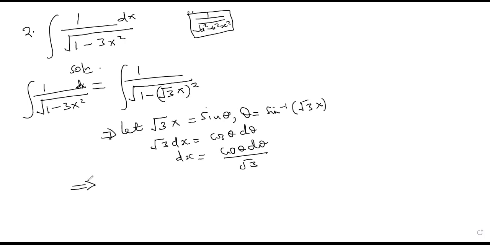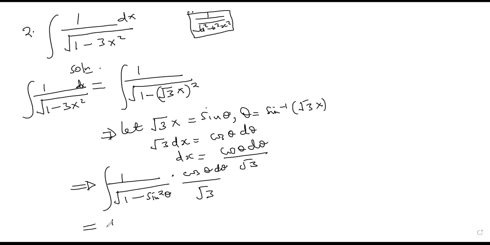Then the whole integral will become the integral of 1 over root 1 minus, root 3x is sine theta, meaning it will be sine squared theta, then times dx, which is cos theta d theta out of root 3. So here you can factorize out root 3.